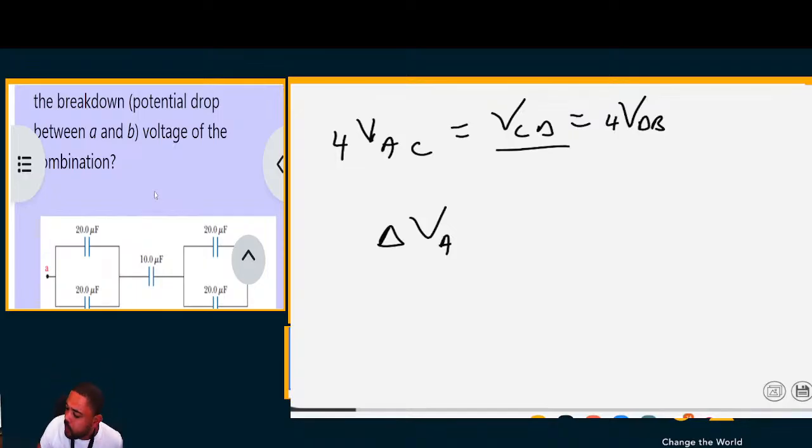The change in the voltage between AC and the change in the voltage between DB is going to be equal to a quarter of the voltage between the center points, in this case CD.